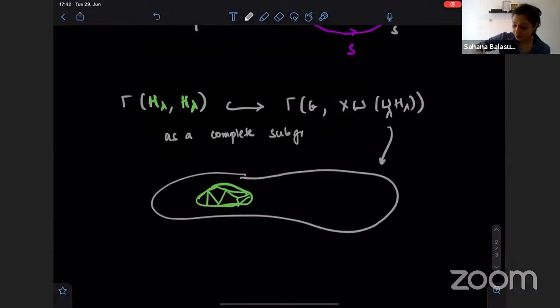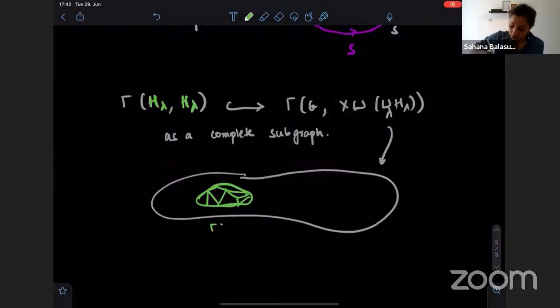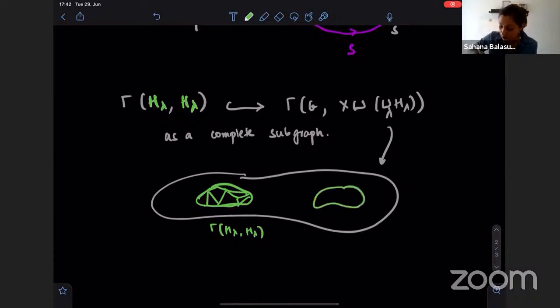in my ambient space. And the other reason I'm writing it this way is because I'm not just concerned with all of the edges that have this green coloring, right? Because if this is gamma H lambda, then for every g in G, which defines a left coset of this subgroup, I will have an isometric copy of this subgroup sitting there, right?